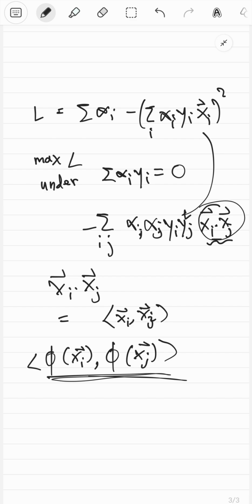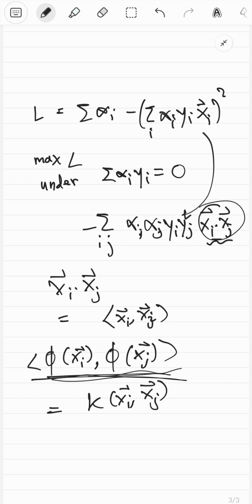Sometimes you really need a lot of vectors. So even if you can compute this quantity easily, without actually referring to this phi function and just using something like some k of xi and xj, that's still not enough sometimes.